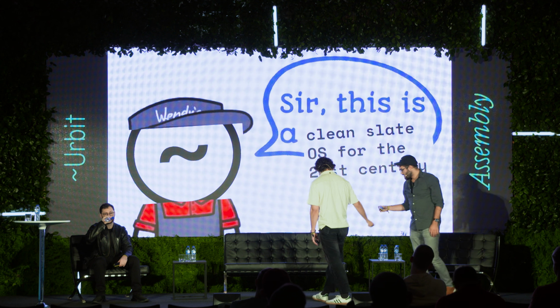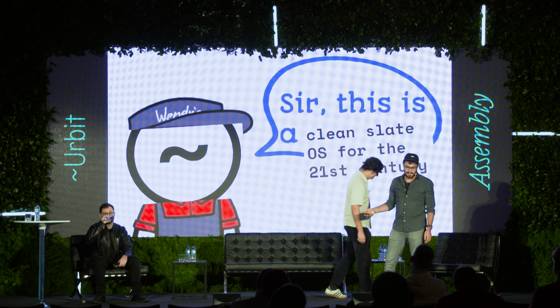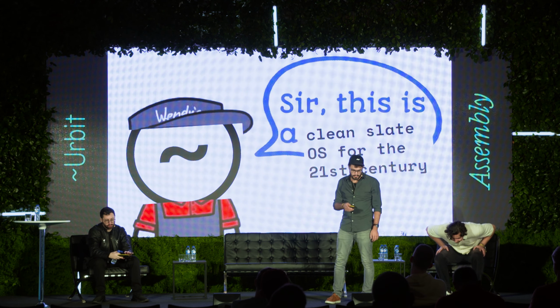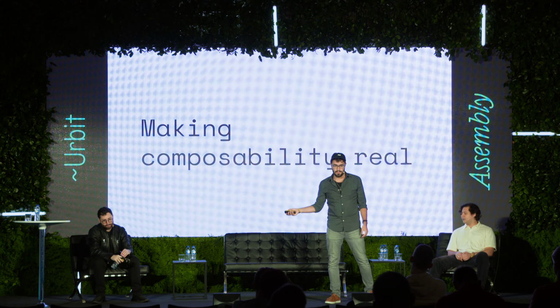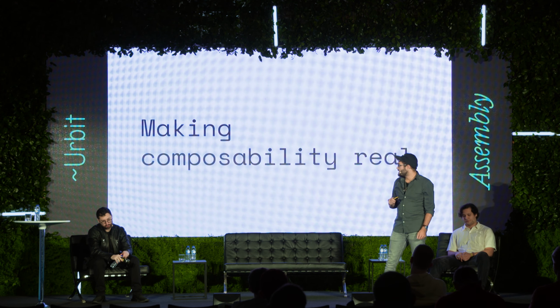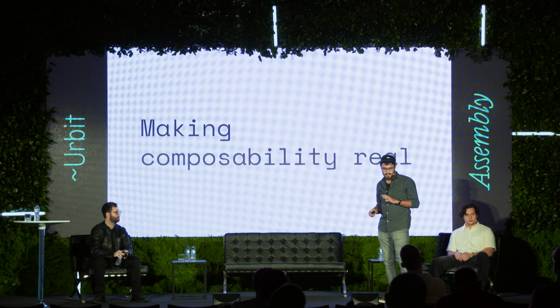Ultimately, we should probably talk about Urbit. After all, this is a clean slate OS for the 21st century, and we are at an Urbit assembly. So how this idea of blockchain-based package management ties in is a little bit different than the benefit that you get in the Web3 world.